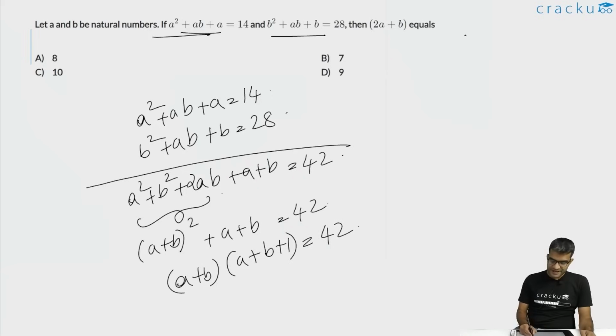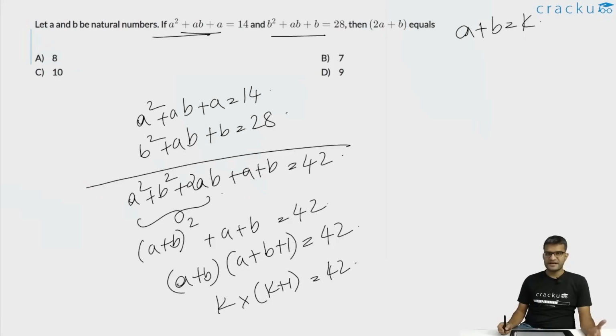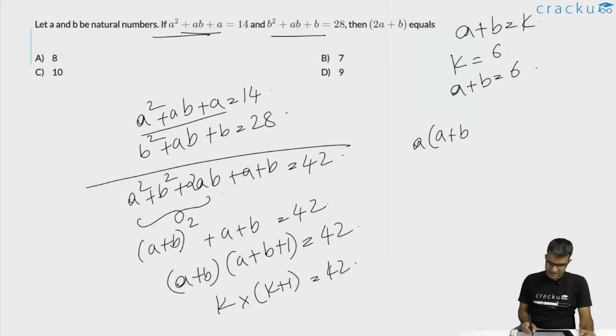If you assume that a plus b is equal to k, k will also be a natural number such that k into k plus 1 is equal to 42, and because k is a natural number, you will conclude that the value of k will be equal to 6, because 6 into 7 is equal to 42. Now if a plus b is equal to 6, if you are looking at any one of the equations, say the first equation, this is a into a plus b plus a is equal to 14.